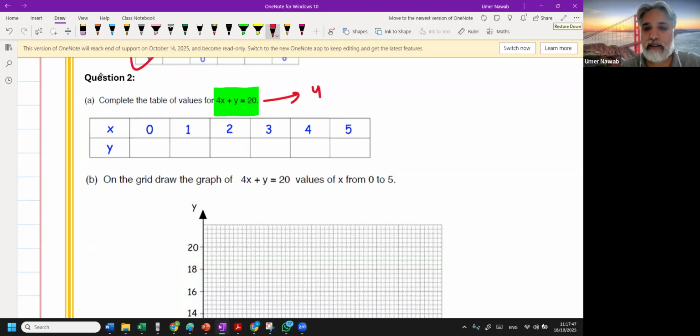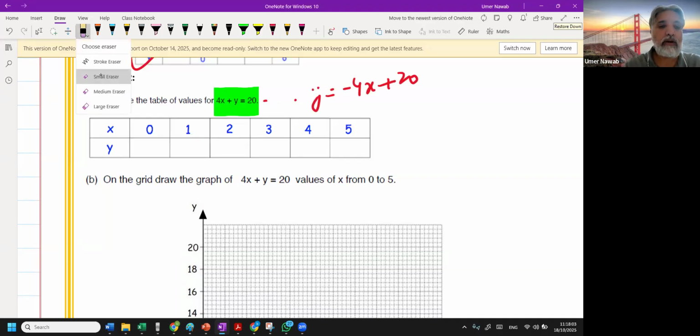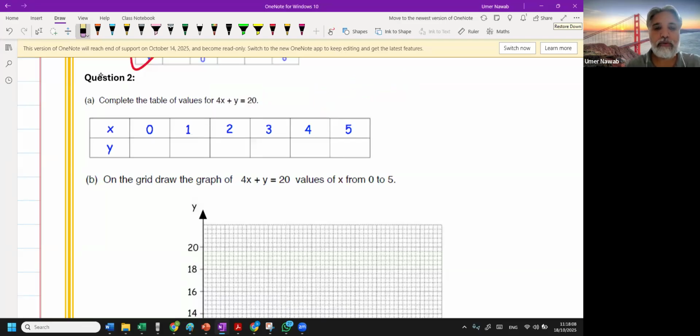Either you can keep the y here and send the 4x to the other side, and write y equals -4x plus 20, and apply the same technique as I discussed with you. However, if you don't want to do this, then you can carry on with substituting the values.